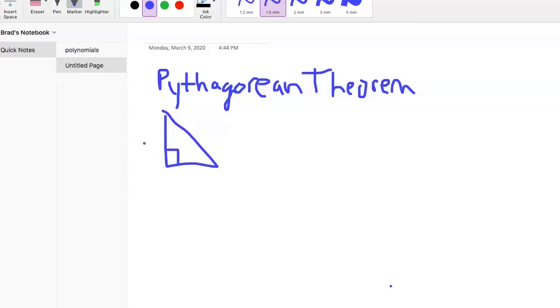On this one, a is 9, b is unknown, c is 15. Do we feel comfortable on solving that one? We would go 9 squared, because that's a squared. In this case, b we don't know, so we'll just put in b squared. But we do know c this time, so a little different: 15 squared.